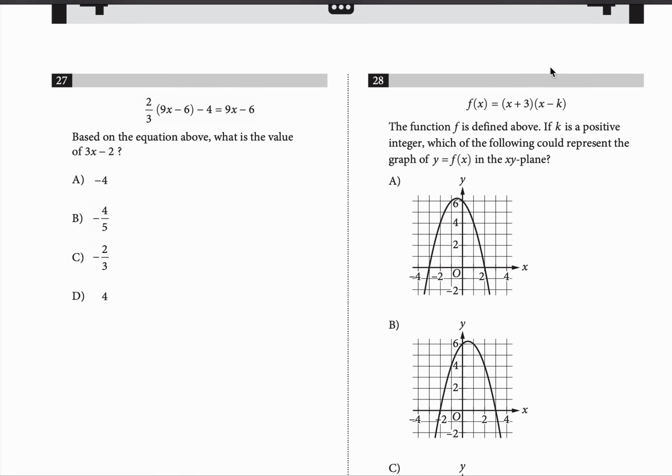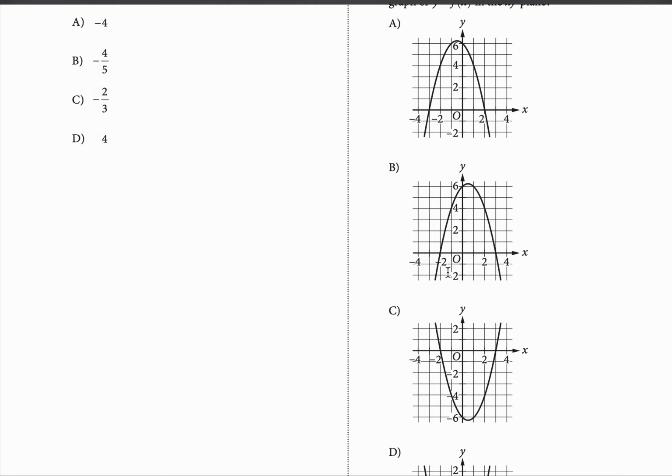So again, the thing is to develop fluency, like understand the full picture, right? The full picture here is that one of the roots is -3, because -3 makes this 0. And that's another way that we can cross things off, because this is going to -2.